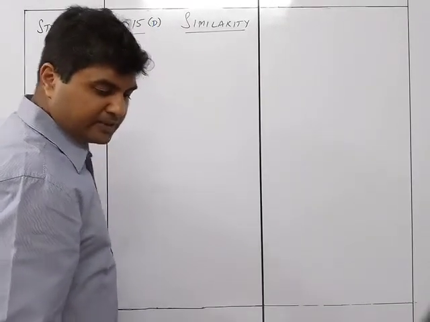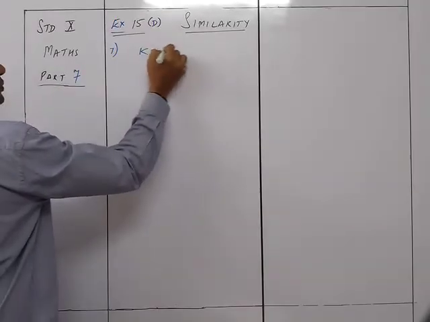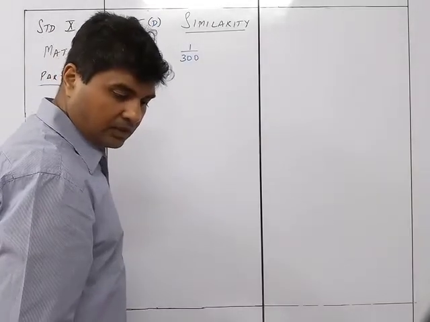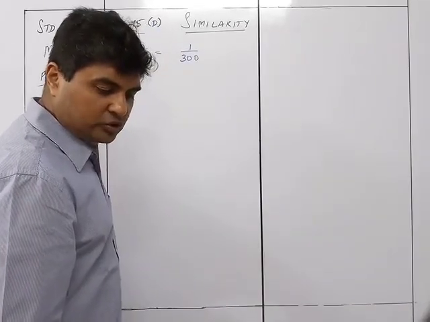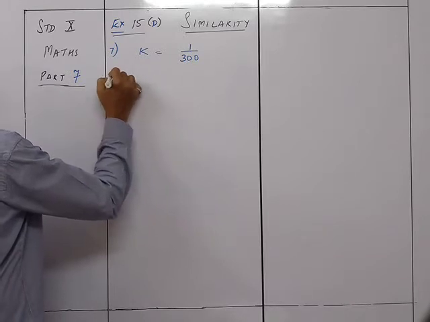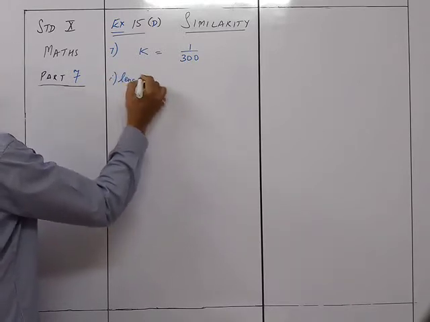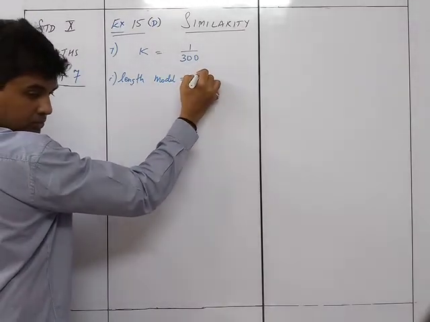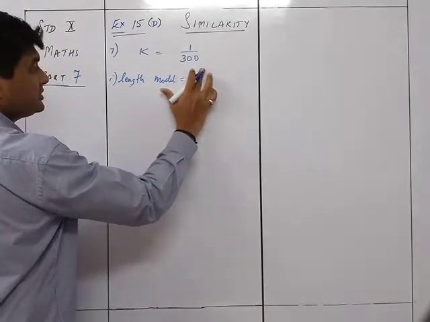A model of a ship is made with a scale, so K is equal to 1 upon 300. The length of the model of the ship is 2 meters. So it is given that, first part, length of model is equal to 2 meters.